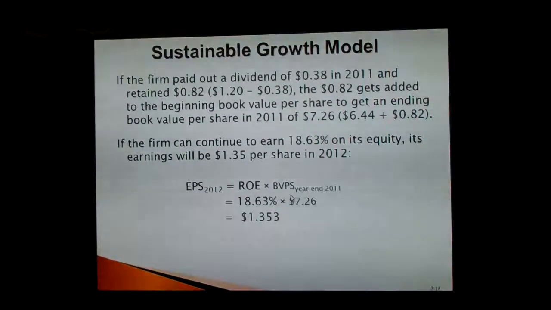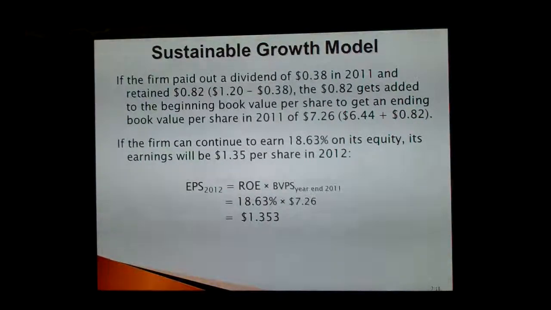Sustainable growth model. The firm paid out a dividend of 38 cents in 2011 and retained earnings of 82 cents. So what is it giving us right there? It's giving us the retention ratio, right? 82 over 120 would give us the retention ratio. The 82 cents gets added back to the beginning book value per share to get an ending book value per share of 7.26.